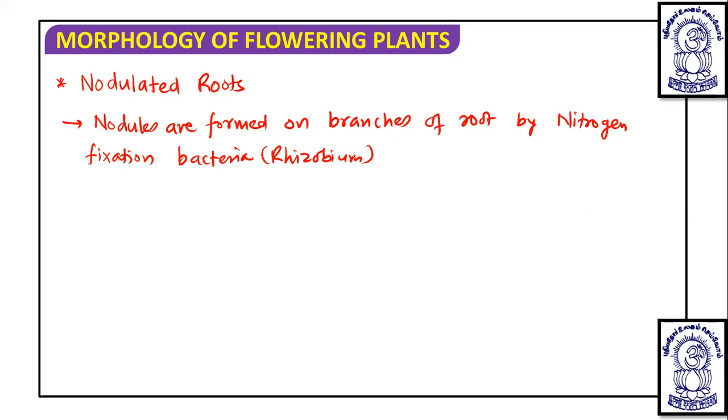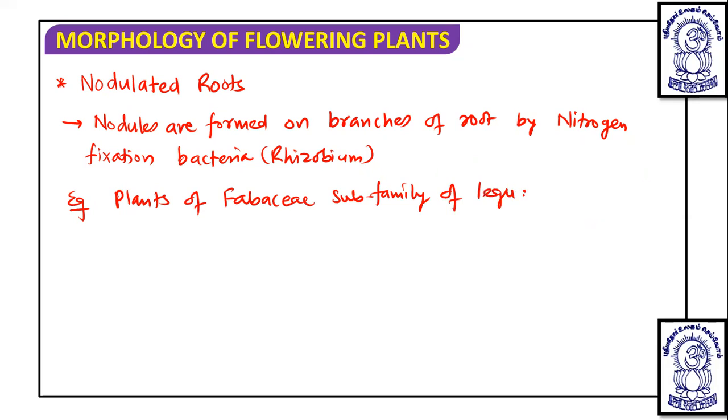So when these nodules are found on the root branches, that root type is known as nodulated root, and they are found in plants of Fabaceae, which is a subfamily of the Leguminosae family. Okay, so those are the nodulated roots.